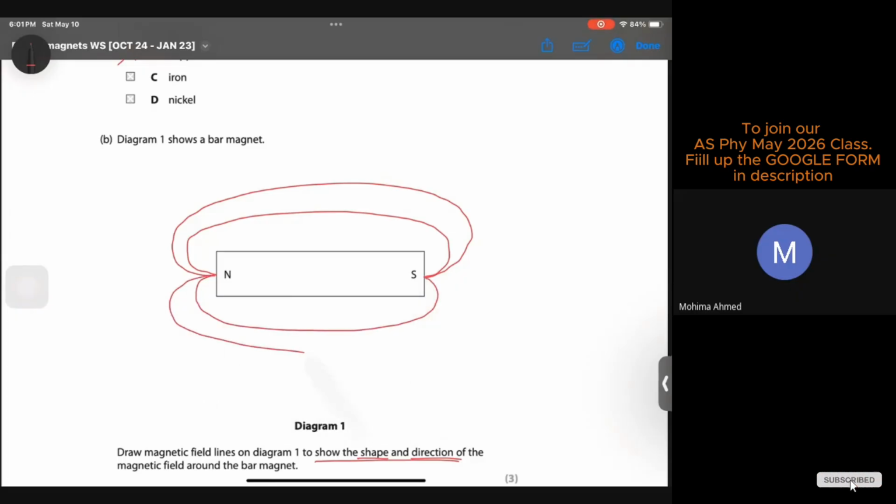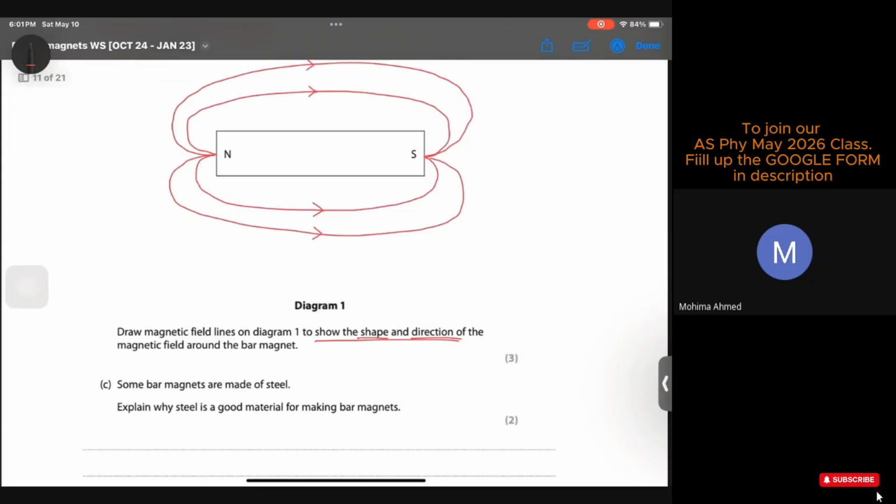This is how the field lines for a bar magnet should look. You can at least show 4 field lines, that's enough, and obviously the direction from north to south. This much is enough.